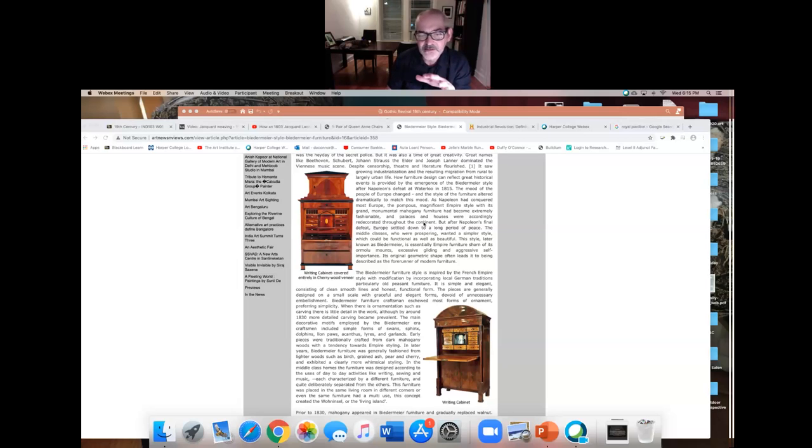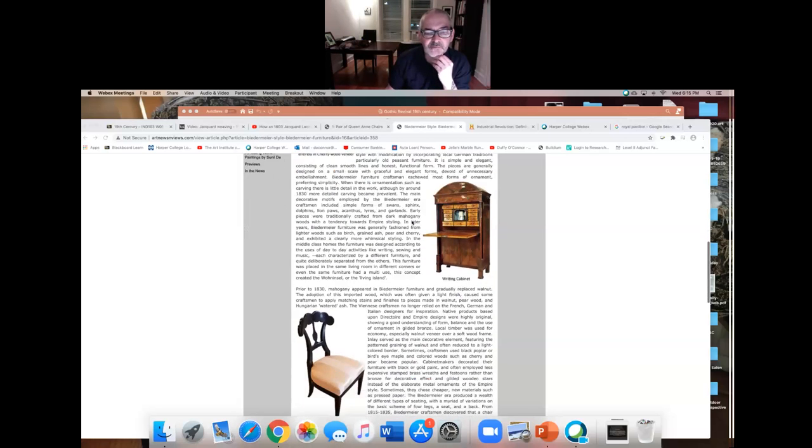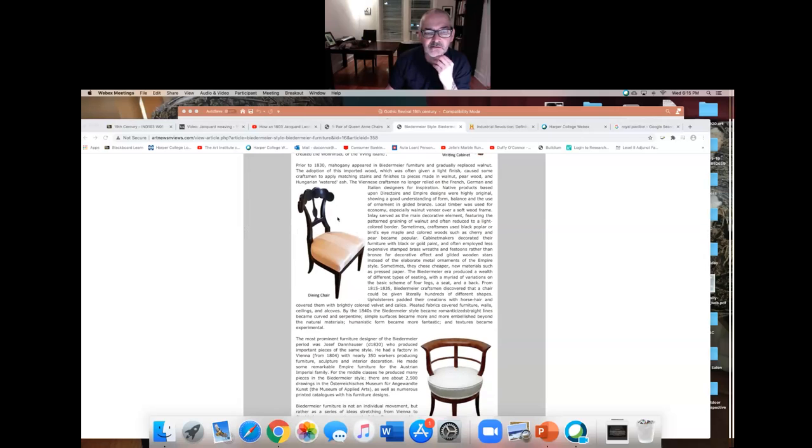It has elements of Louis XVI neoclassicism. Like this Biedermeier chair, there is one like this in the Art Institute of Chicago. This is kind of characteristic, where it's simpler, a kind of flat shape, but it's really beautifully done.